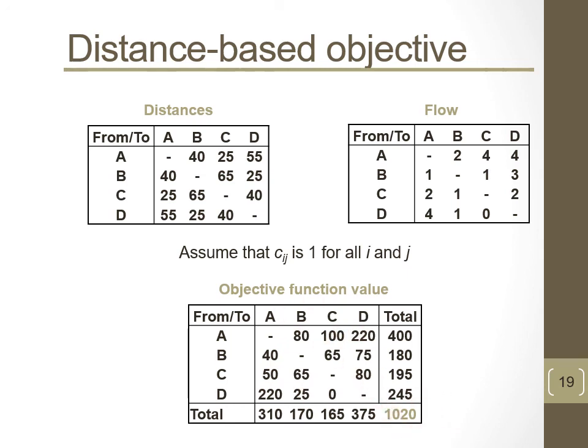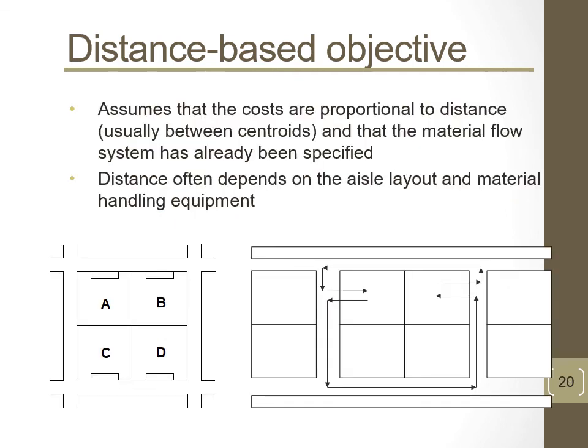So this is how we calculate the distance-based scores. Of course, there are some disadvantages of this distance-based scoring objective as well. First of all, it assumes that the costs are proportional to the distance between the centroids of the departments, but in fact maybe you are not moving from the centroid of one department to the other.